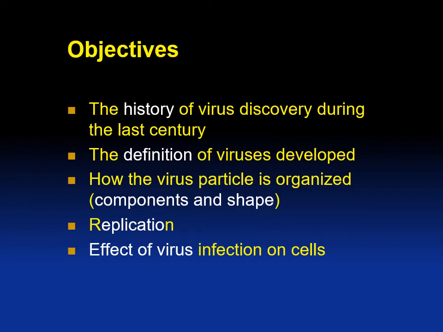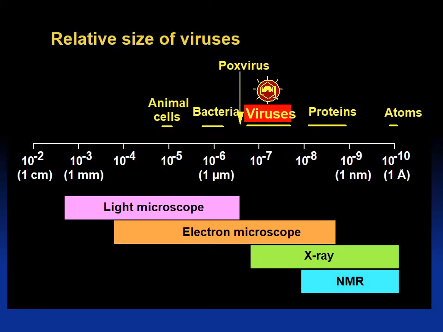Other than that, we're going to talk about replication, and we will define what replication is in the case of viruses. And also we will be talking about the effect of those viruses on cells and what happens. So as you can see in this diagram, there is a ruler which is divided into different parts.